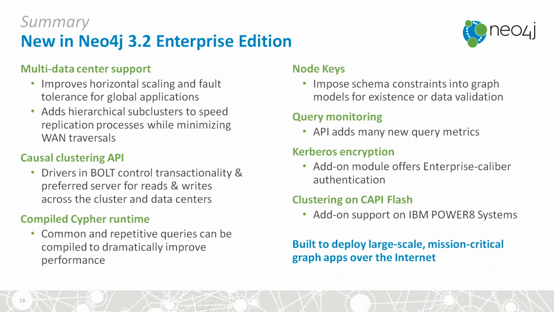The compiled Cypher runtime is an Enterprise Edition activity, and overall we feel that just gives us better control over what we can add in, and then decide how far to go with putting that back into Community Edition. Node keys for governance, new query monitoring capabilities, as I just mentioned, the Kerberos add-on module, as well as the CappyFlash add-on module.